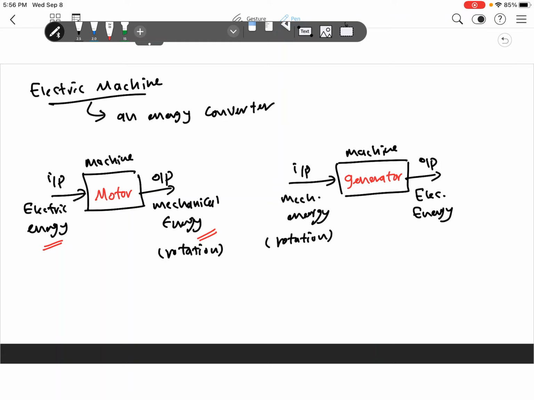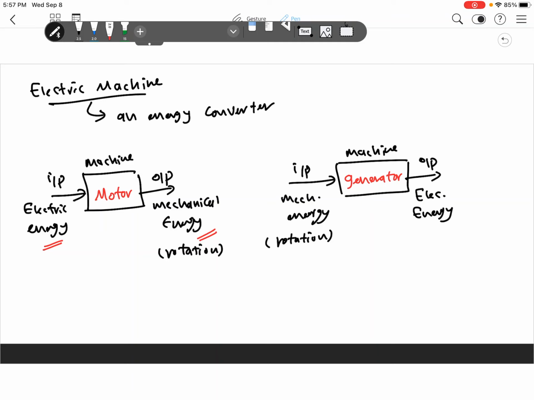So an electric machine is an energy converter, something that converts between electric energy and mechanical energy. If it converts from electric energy to mechanical energy, that means we give it electricity and it rotates. That's a motor. If you apply mechanical power to it, that means you rotate it by an external means, it will generate electricity, and that's what we call a generator.